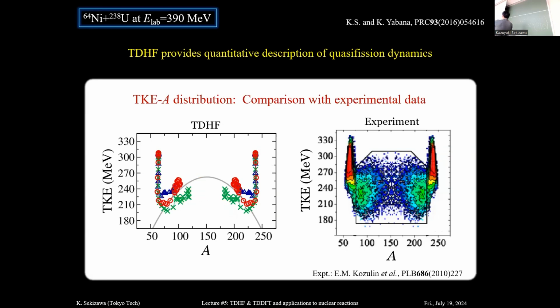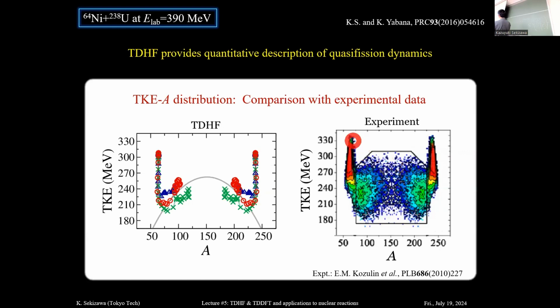So now you can compare this result with experimental data. In experiments, of course, there are abundant distributions, but you can compare the mean values, okay?